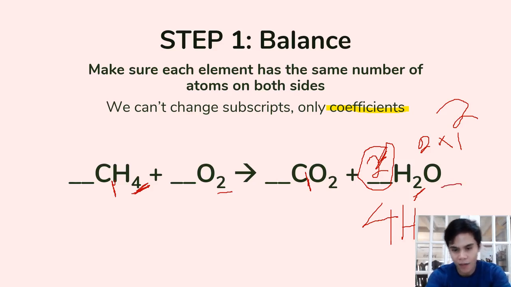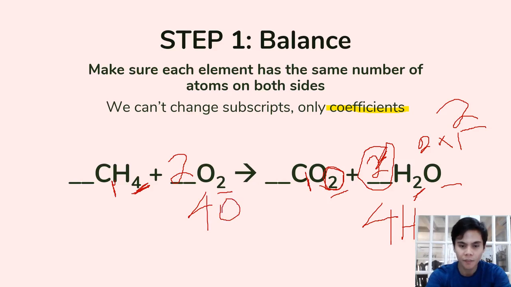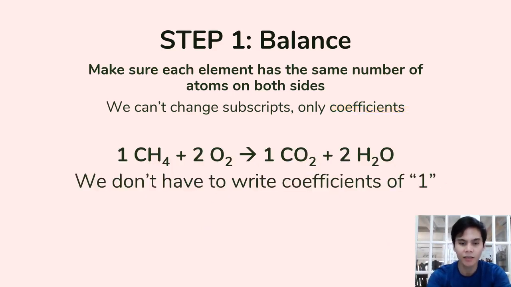But we also have another 2 oxygens here. So we have 2 plus 2. There's 4 on the product side. So we need to have 2 oxygen molecules on the reactant side so that we get 4 oxygen here and 4 oxygen on the product side as well.